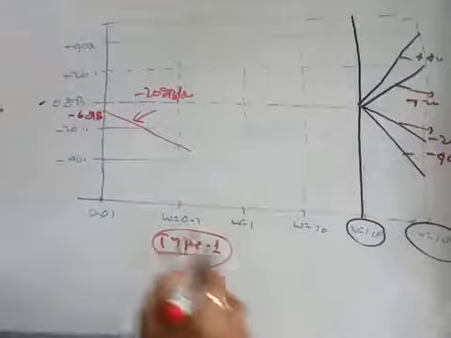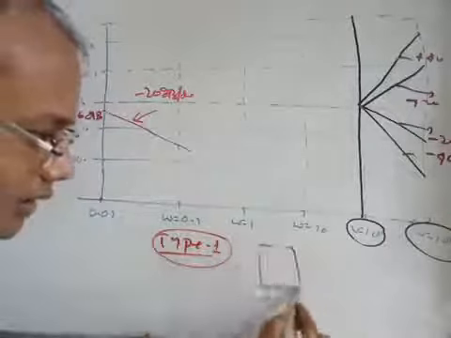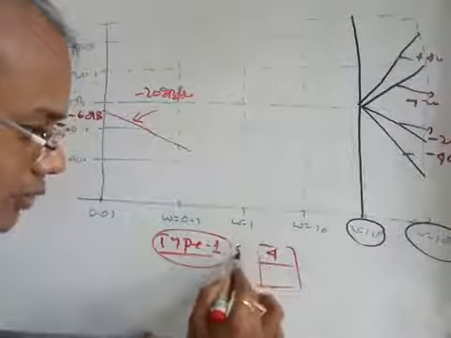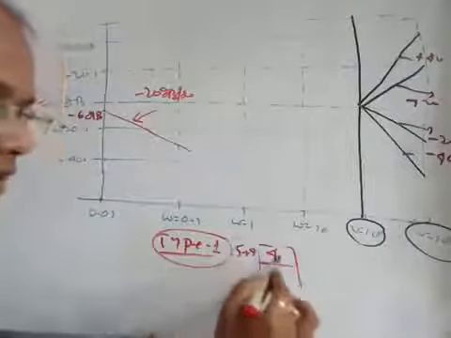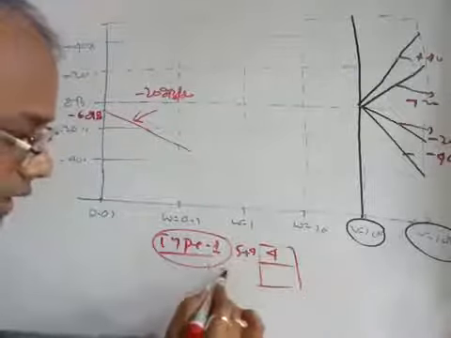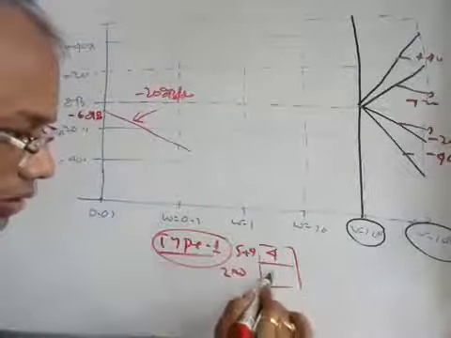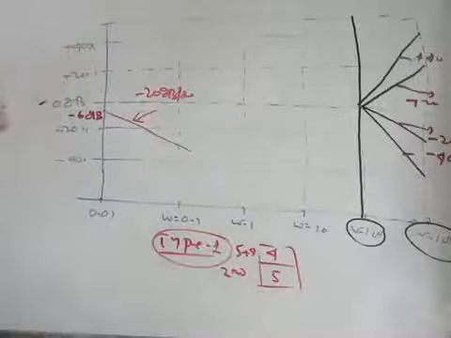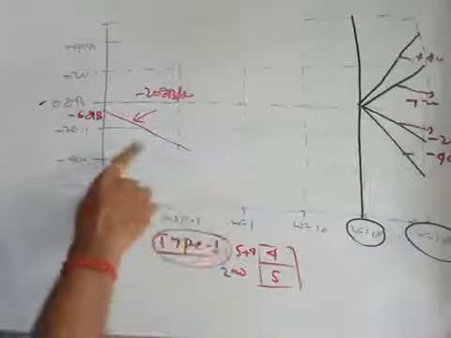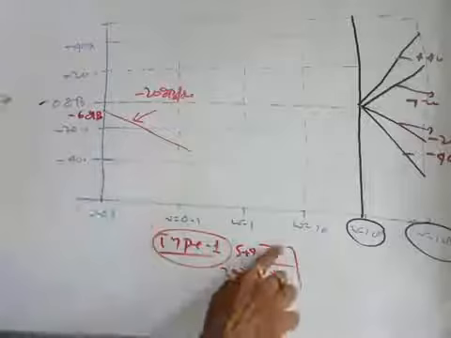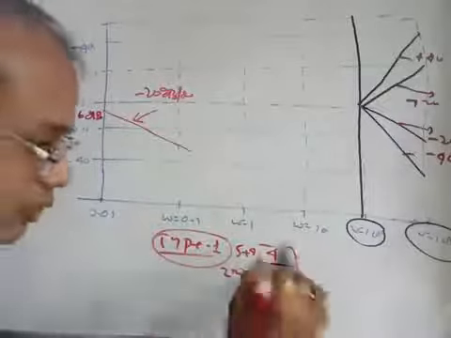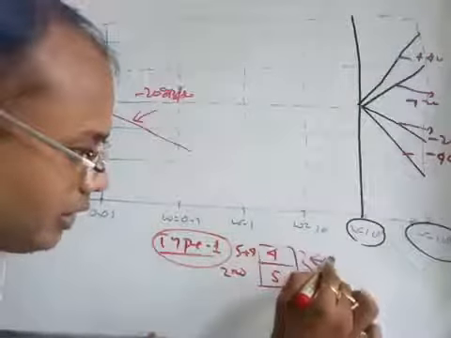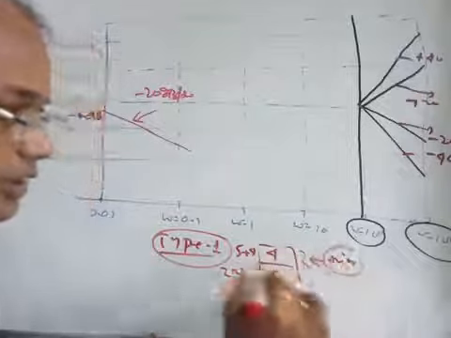The next corner frequency, if you remember the table: for the s plus 4 factor, the corner frequency was 4, and for the second order factor the corner frequency was 5. Now the rule is that this has to move up to the minimum corner frequency. So out of 4 and 5, this is your minimum corner frequency.